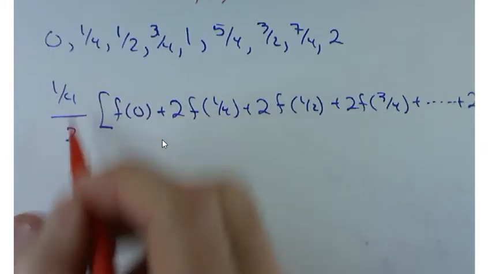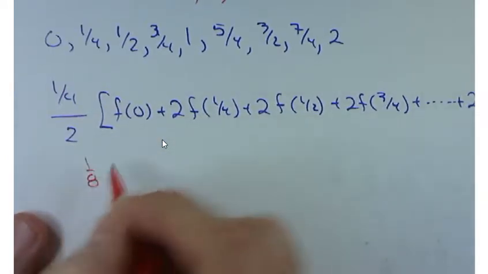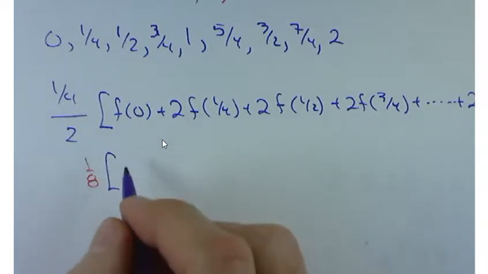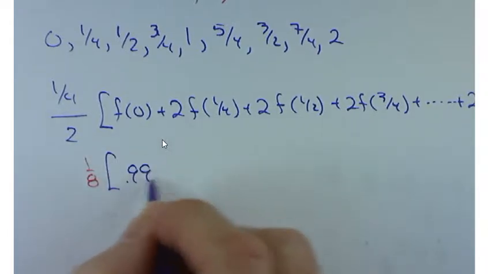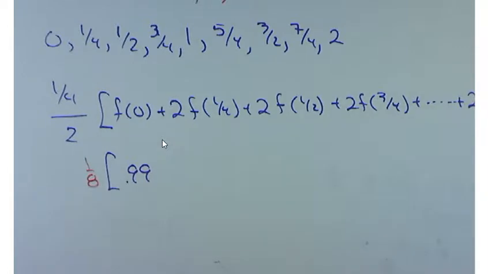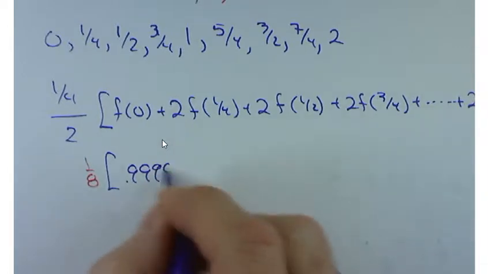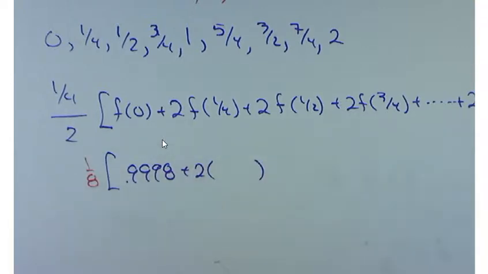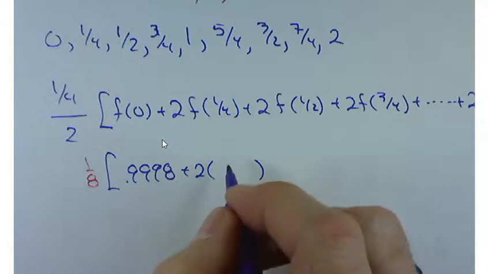So 1/4 divided by 2 is 1/8. And now I've got to put in things like 0.998998 plus 2 times, I'm only going to do maybe one more of these, 0.999846.